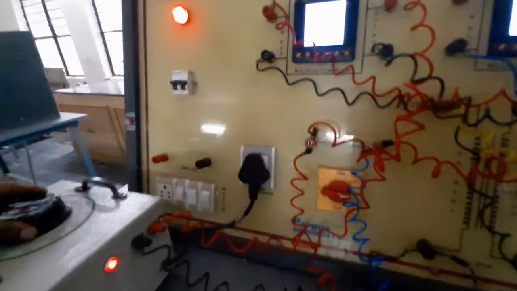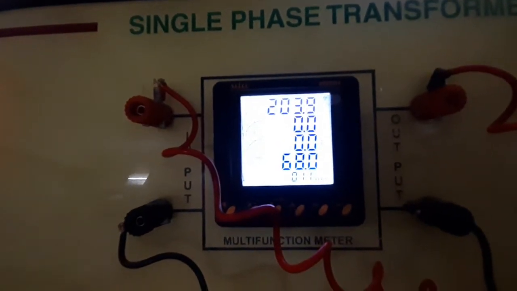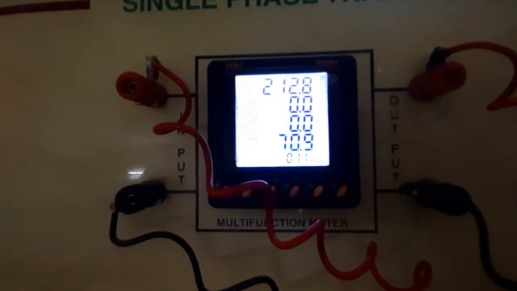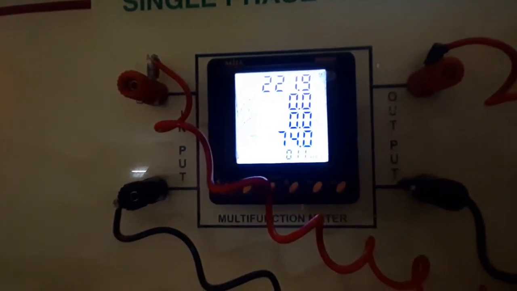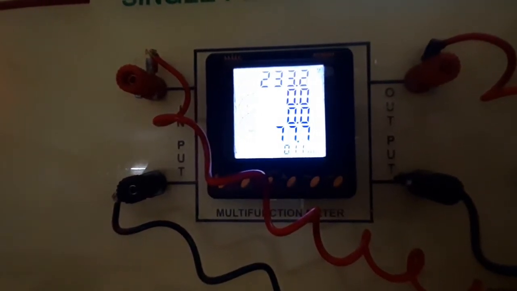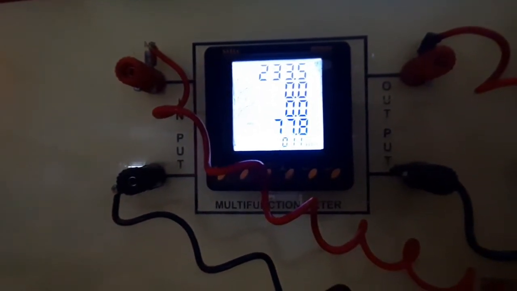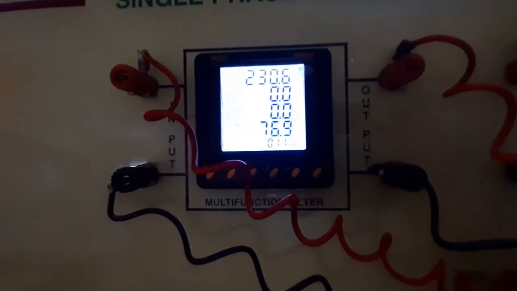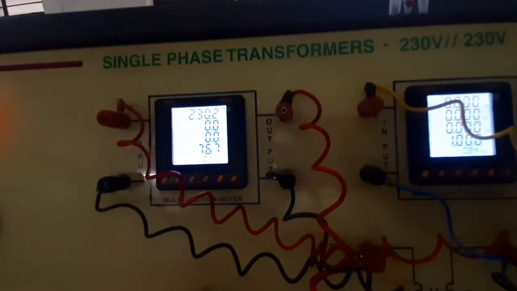Now increase the voltage level to 230. This 230 is the rated voltage of the transformer. Okay. So voltage is given to the transformer.